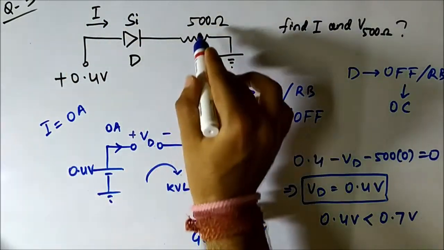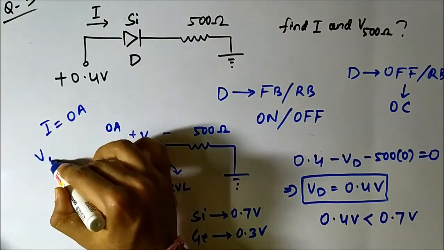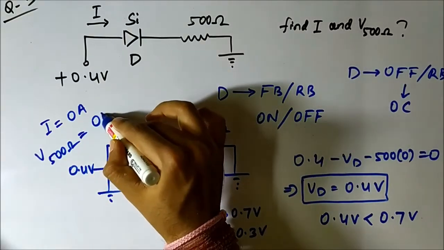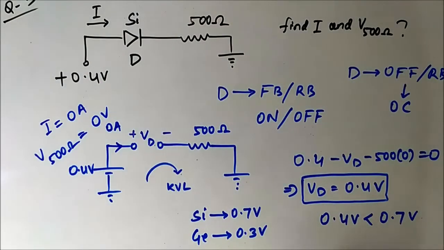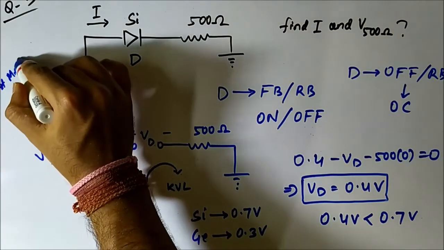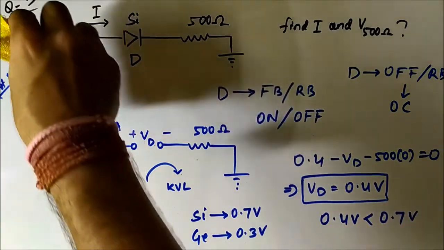As this current is 0 ampere, no current is flowing through the 500 ohm resistor, so the voltage drop across the 500 ohm resistor is also 0 volt. Okay, this is the first method of analyzing the circuit. Then we'll see the second method also.